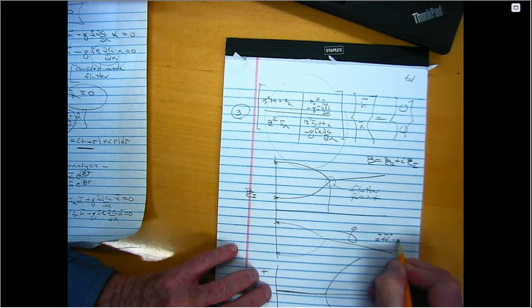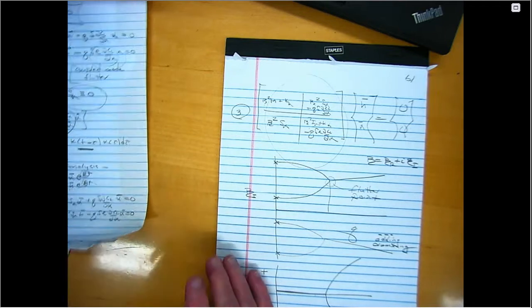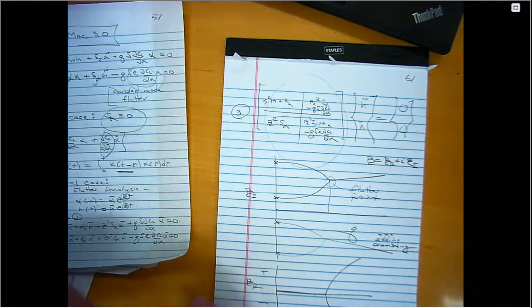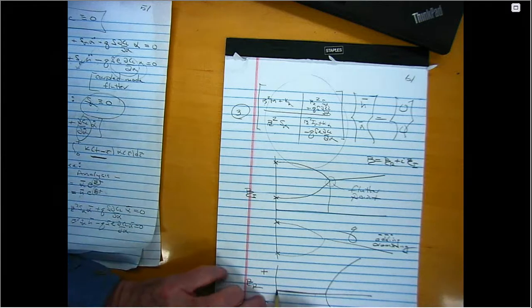I'm adding some damping. It could be structural damping, by the way, as well as aerodynamic damping. Although mostly, not only, but mostly aerodynamic damping is dominant in structural damping for aeroelastic analysis. So it would be negative, indicating a stable system.